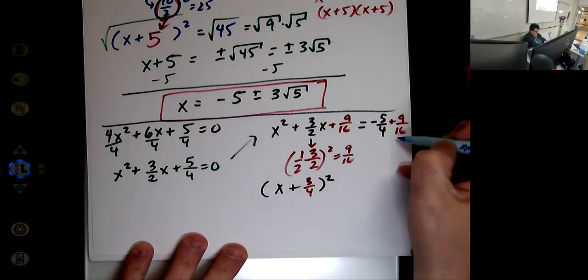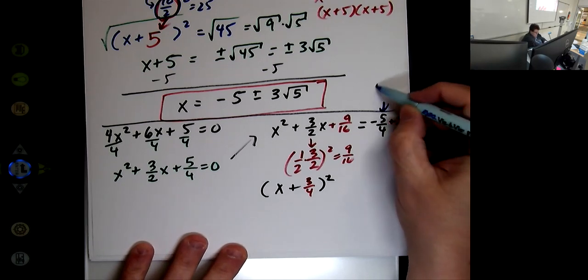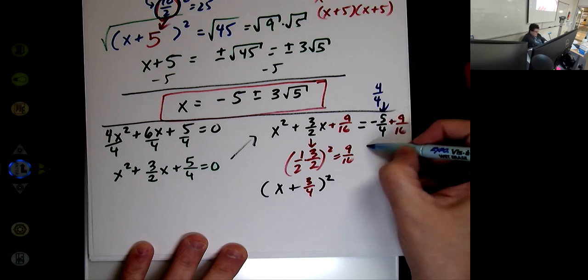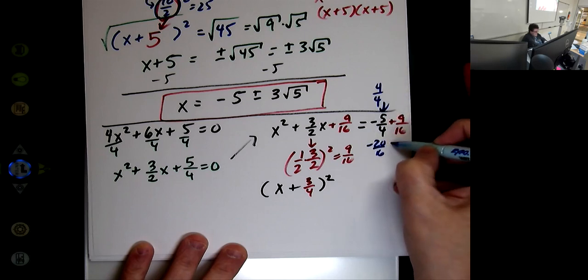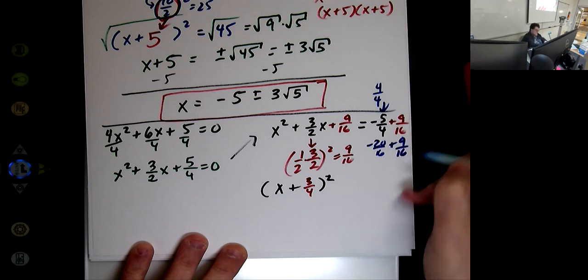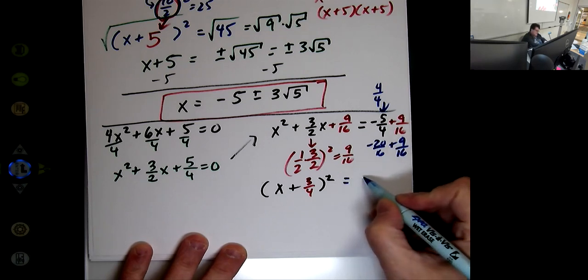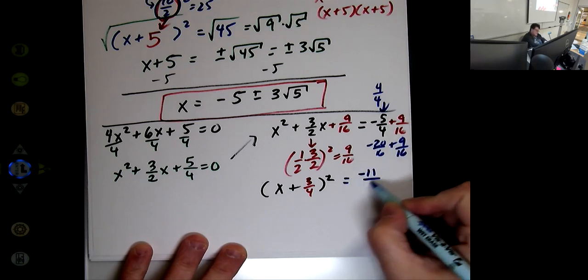Well, I want to get a common denominator here. If I multiply this by 4/4, I'll have -20/16 plus 9/16. I can add those together. I'm going to get -11/16.